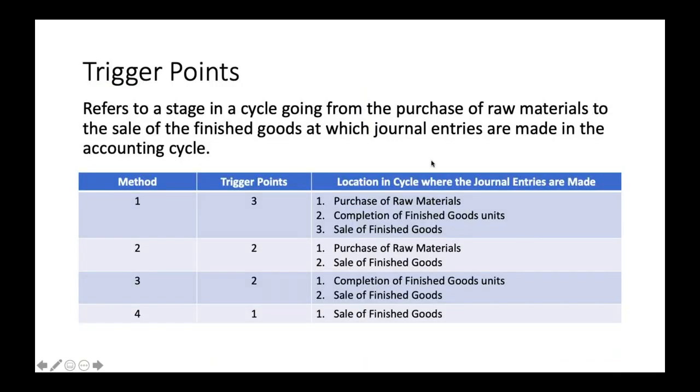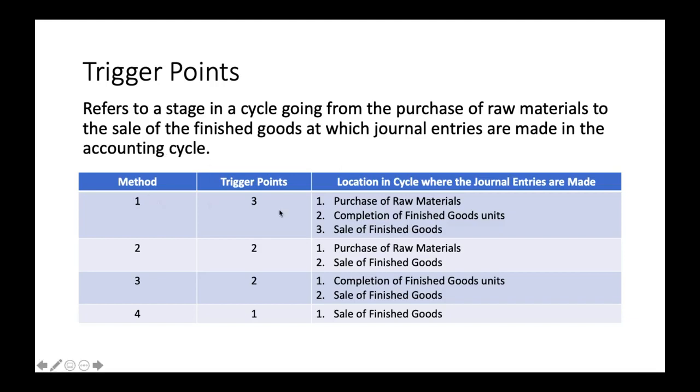Now, in backflush costing, we have what we call trigger points. This refers to stages in the cycle, from purchase of raw materials to the sale of the finished goods, at which journal entries are made in the accounting cycle. Meaning, the trigger points will be our hint of when we are going to make journal entries.